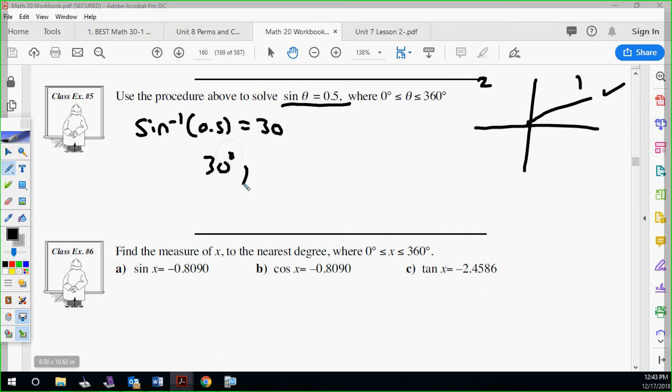My other answer is going to be here, so how do I find this? 180 minus 30, so 150. Those are your two answers. So, figure out which quadrants you're in, find the reference angle, and do the work to figure out what the value is with that reference angle in that quadrant.